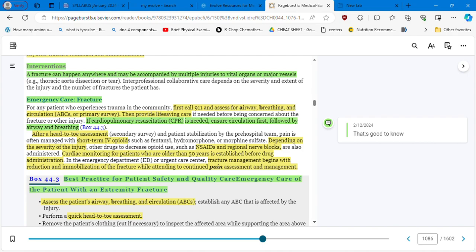a short-term IV opioid is going to be in place. Then, depending on the severity of the injury, NSAIDs and regional nerve blocks are going to be ordered. So this is in trauma, musculoskeletal fractures or injuries. This is the common protocol, right?